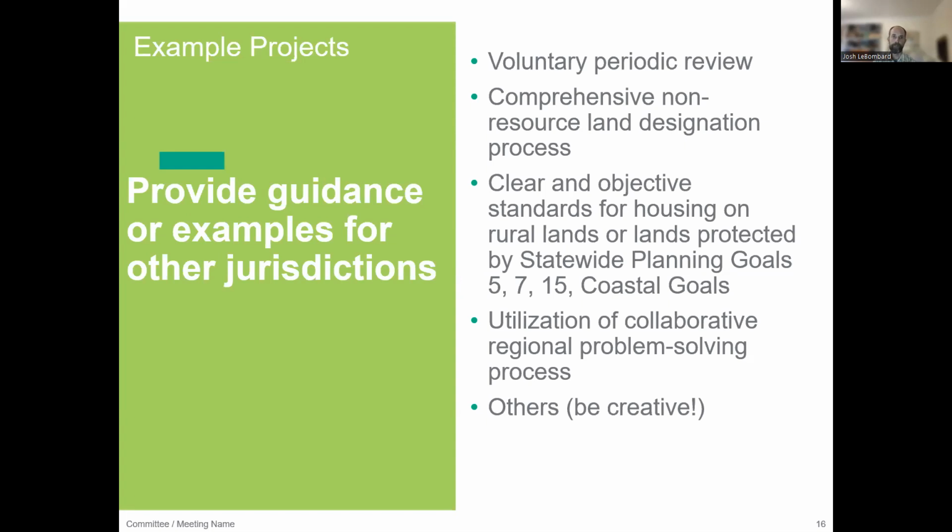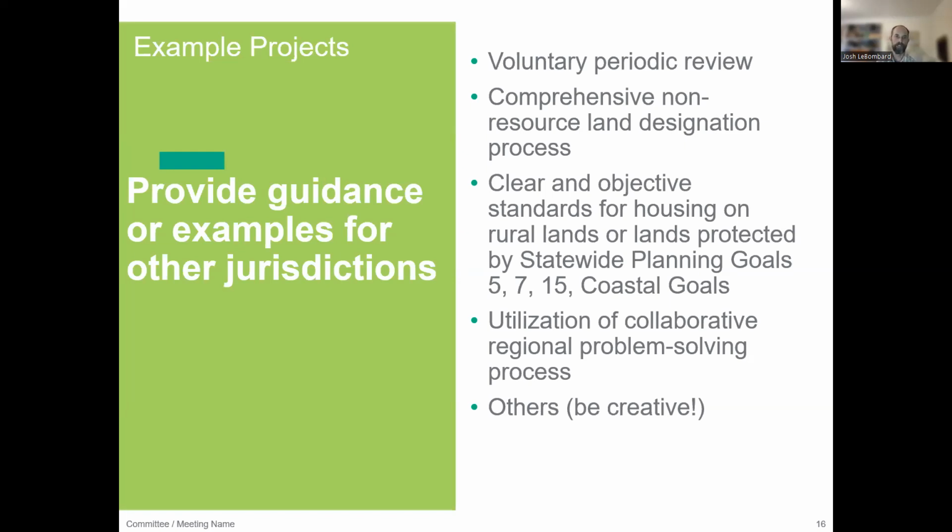One of the other examples is developing a comprehensive non-resource land designation process. This is a complicated process that a few jurisdictions across the state have embarked on. The success on those projects has been pretty limited. If someone's interested in this conversation, it would be for a county.